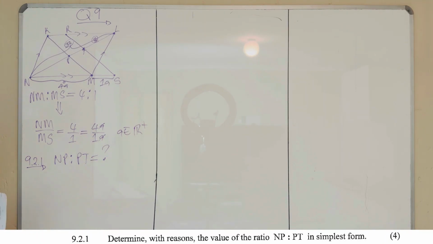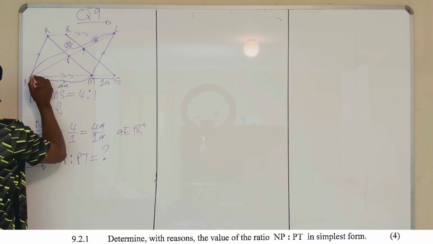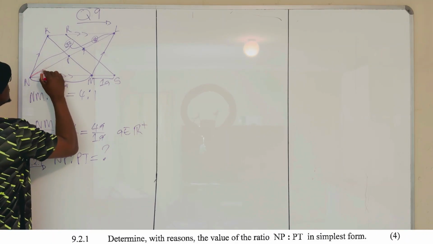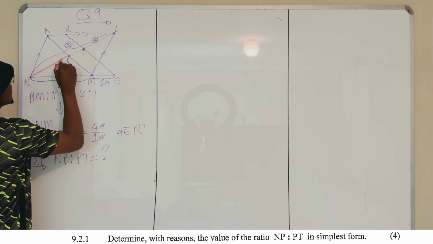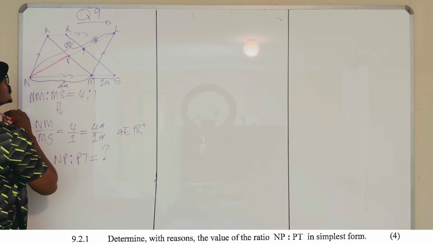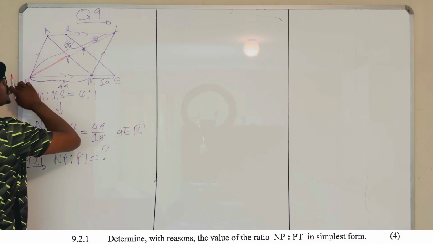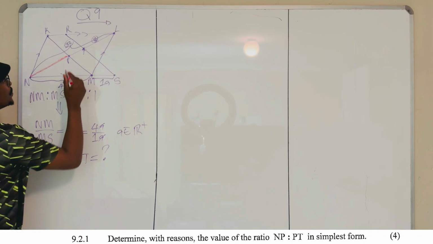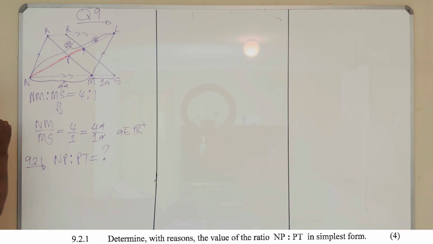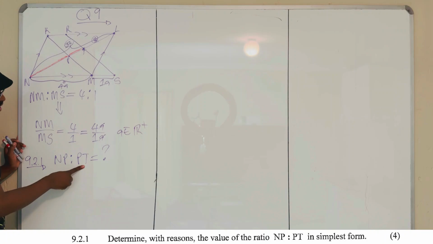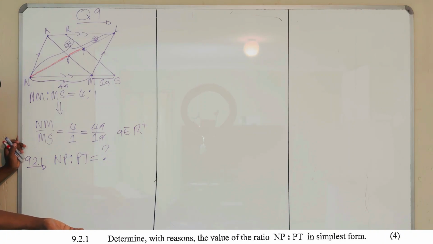Let's highlight NP. NP is this length from N to the midpoint, where your diagonals intersect. And PT is this distance over here. No problem. We need to find the length of NP and that of PT and take the ratio of the two.